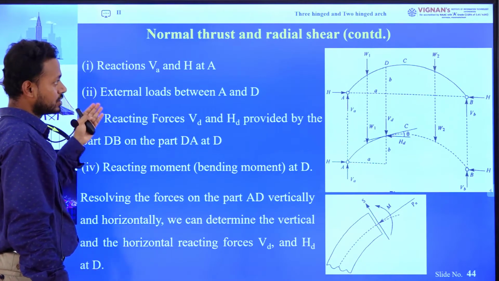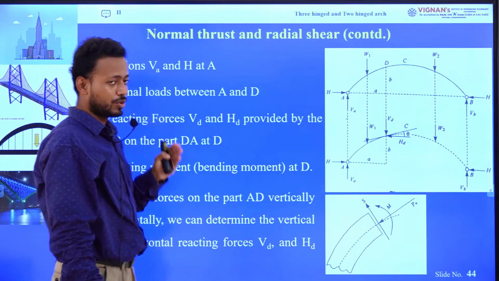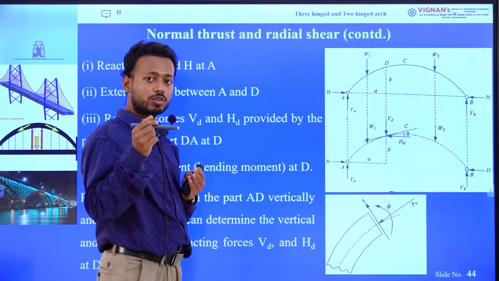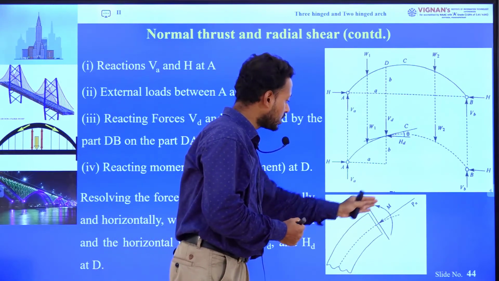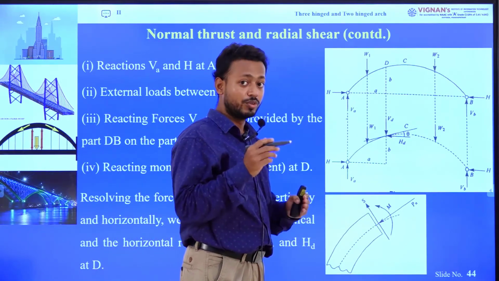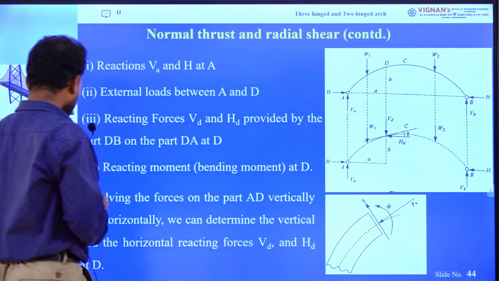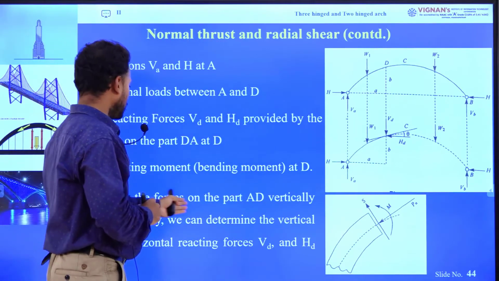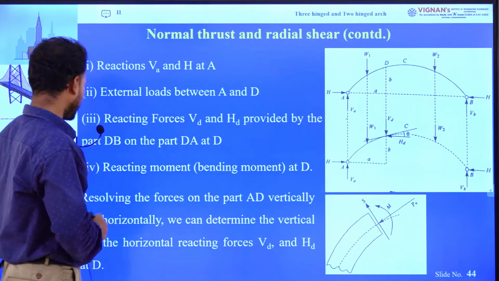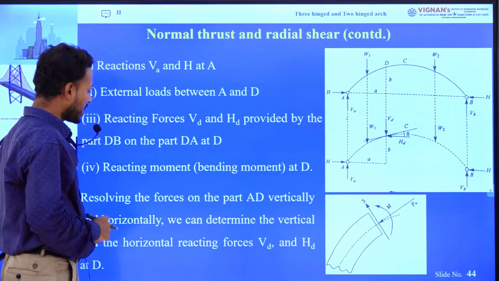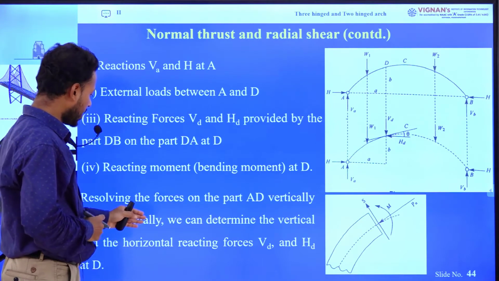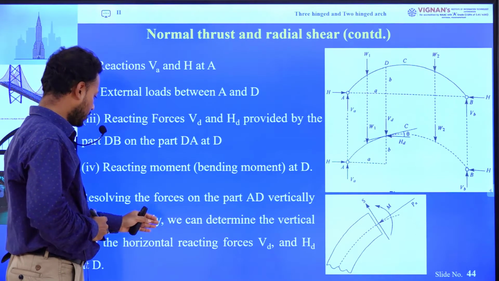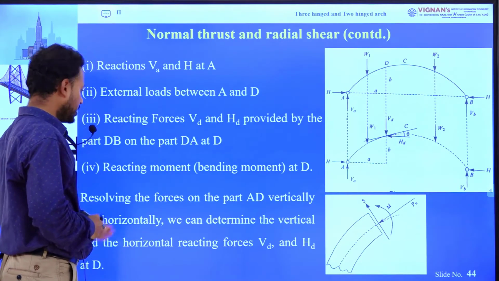We will calculate what the effects are, and what the total force components are parallel to this cross section and perpendicular to this cross section. Resolving these forces on the part AD vertically and horizontally, we can determine the vertical and horizontal reacting forces VD and HD at D point.